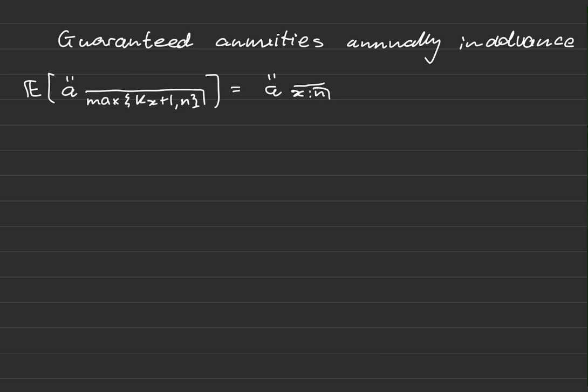So we have two different states for this life. This x for the fact that the payments are contingent on the life of this person, of this policyholder, as well as this n here to state that the payments are contingent on a term as well.